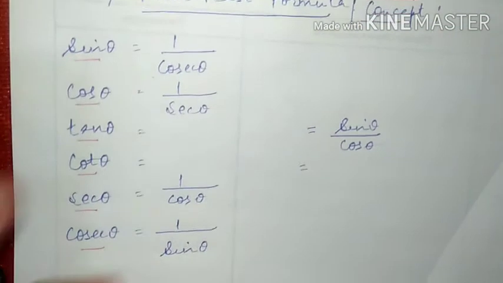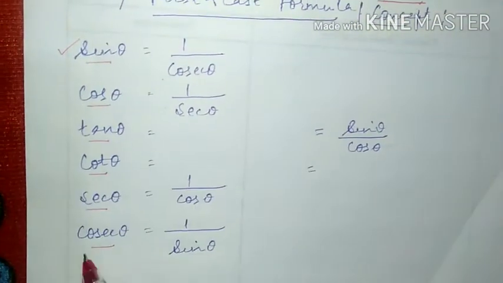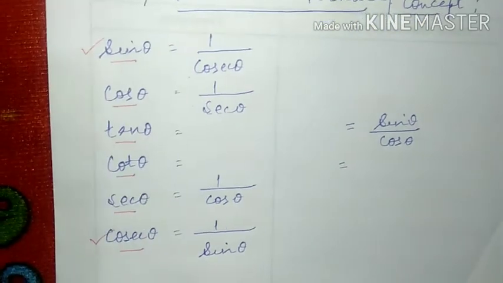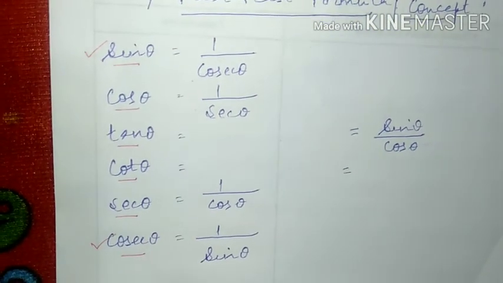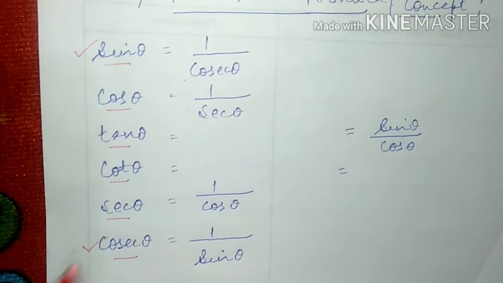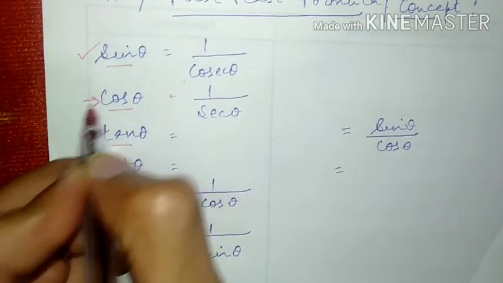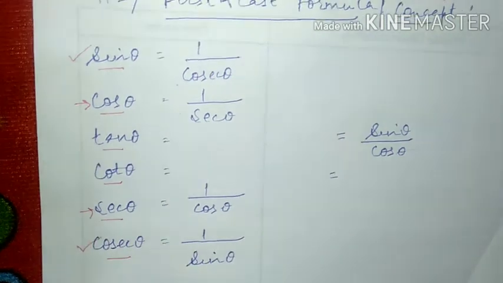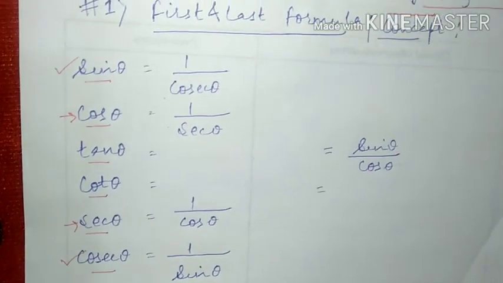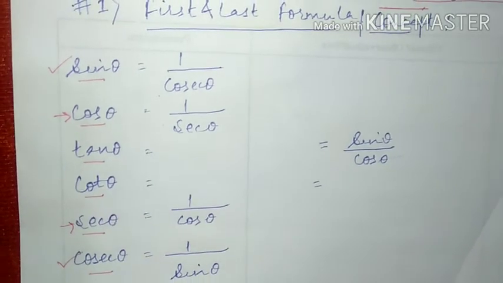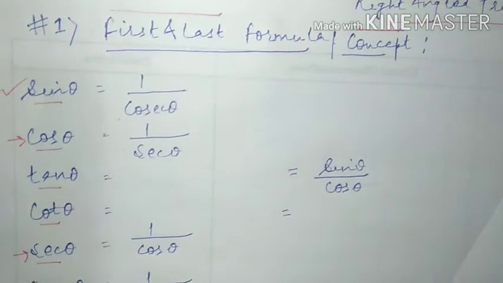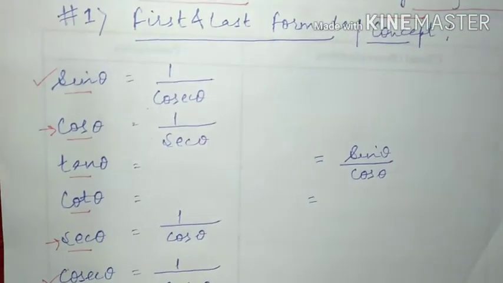Now we are done with these 2 functions, that is sine theta and cosec theta. Now what are our new first and last trigonometric functions, that are cos theta and sec theta. So when we are going to make the formula for cos theta, what is the new last trigonometric function over here, that is sec theta.